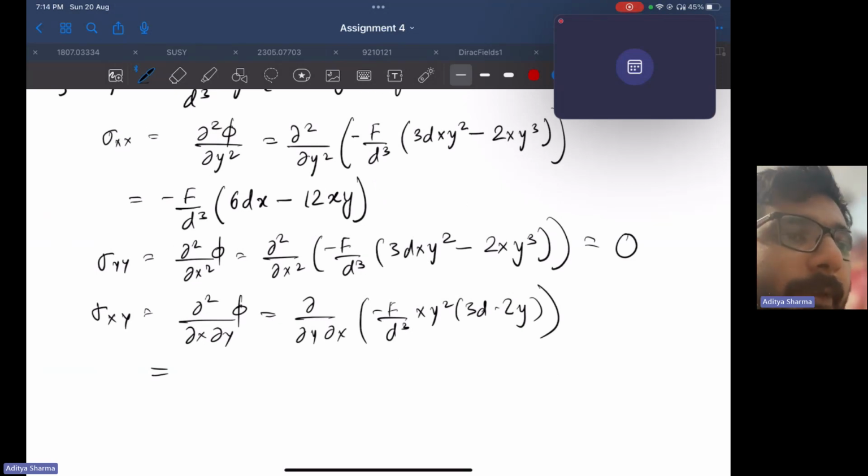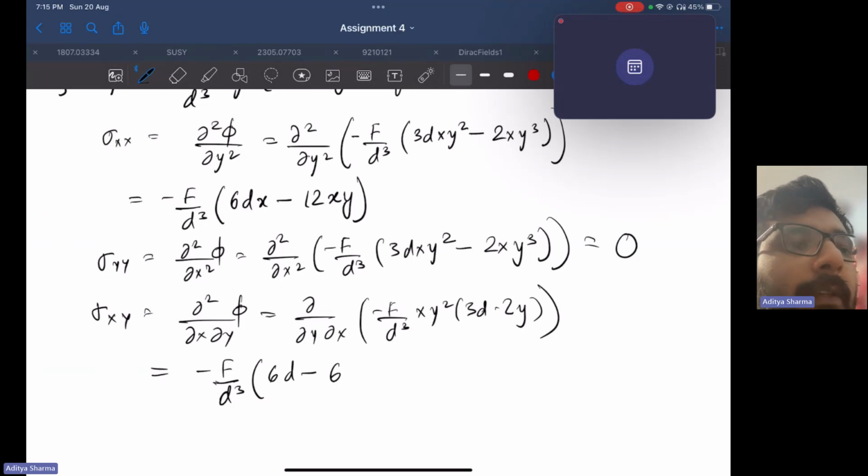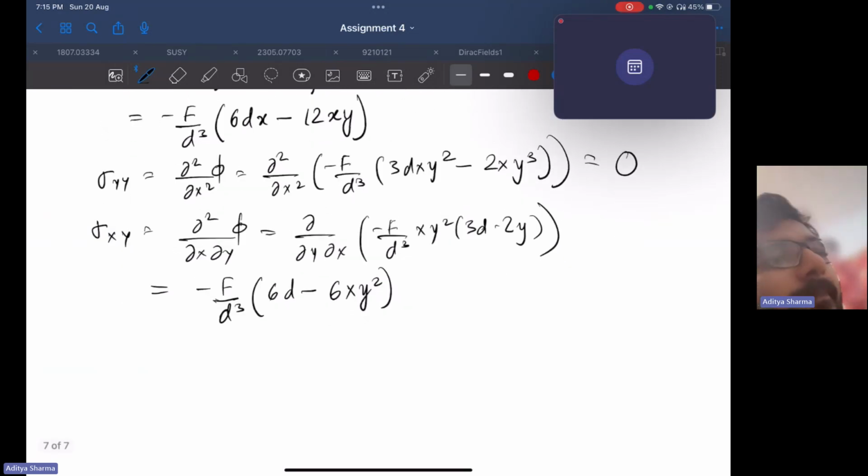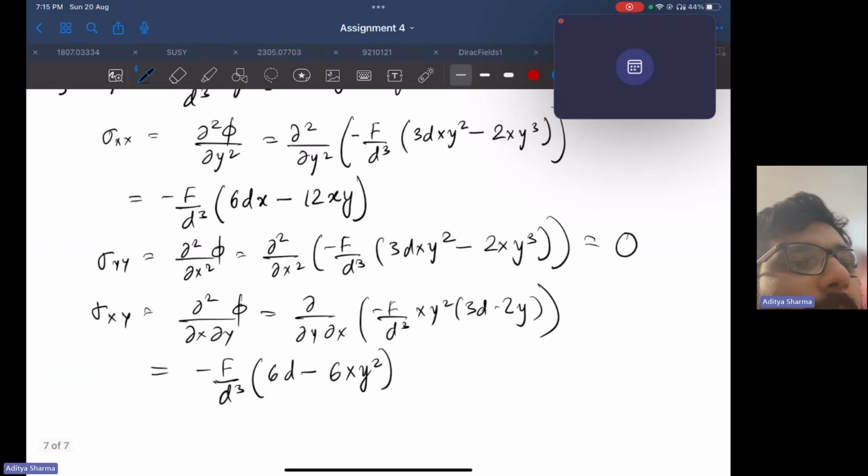So x y square, so it will be y square, and this is nothing but x and d cube, equal to 36 d minus 6 x square. It's not x square.